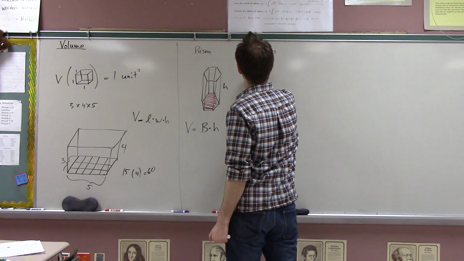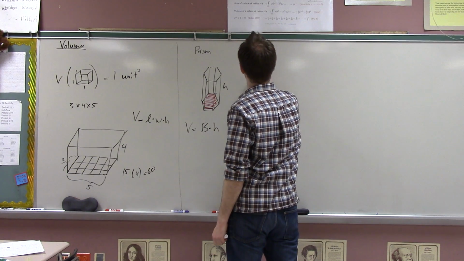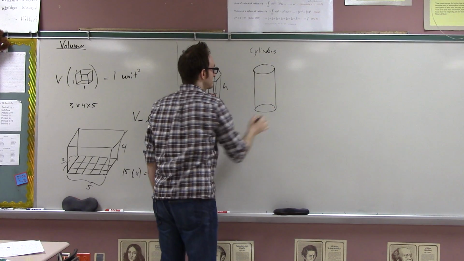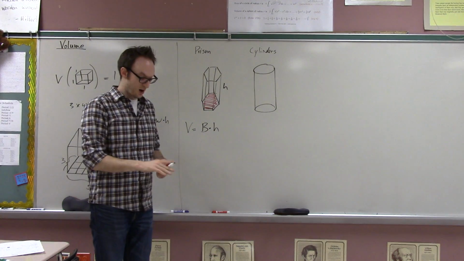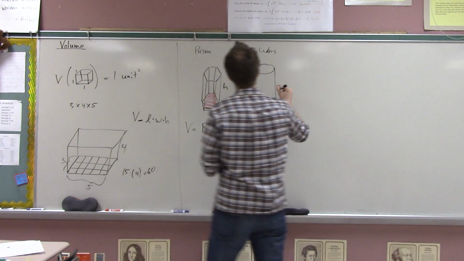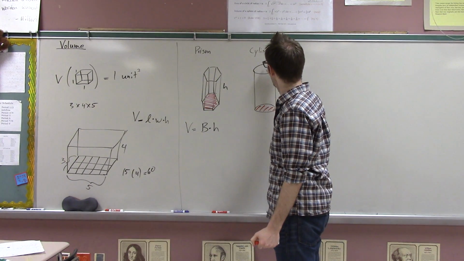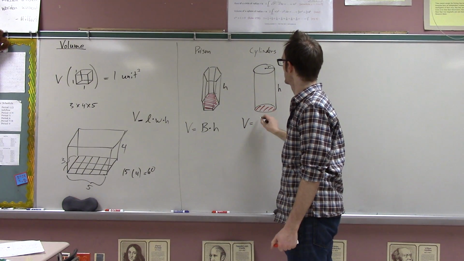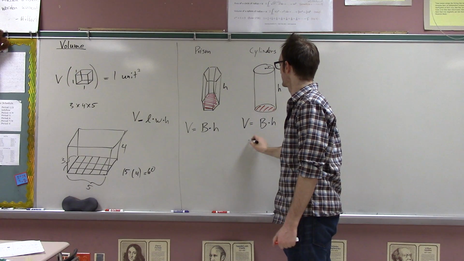And, well, what is a cylinder? A cylinder is just a prism whose base is a circle. And if we know how to find the area of a circle, and we do, then if this cylinder has radius r and height h, the volume of this thing is, well, again, it's just going to be B times h.